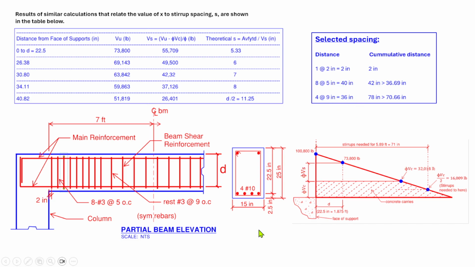That would be okay. So we have here the partial elevation of the beam reflecting all the arrangement of the transverse reinforcement, which is the stirrups. So this is the one here. We have 8 pieces of number 3 bars at 5 inches on centers, and for the rest you can use 9 inches on centers.